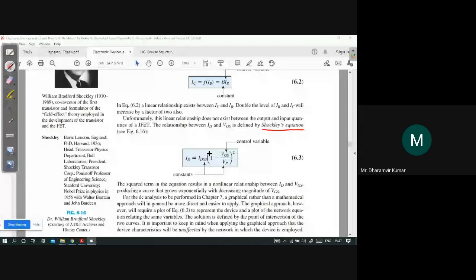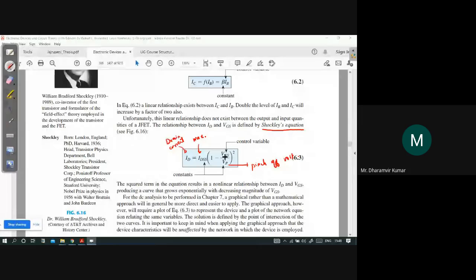ID is the drain current, IDSS is the maximum current that will flow, VGS is the gate to source voltage, and VP is the pinch off voltage magnitude.